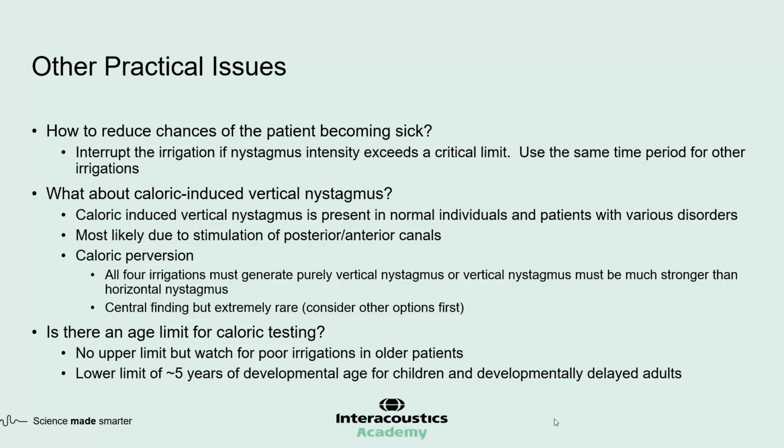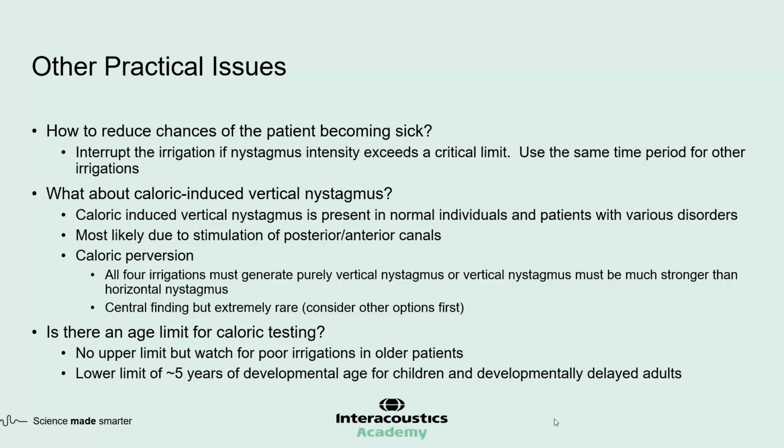In the old days, there was some discussion about the caloric perversion. Caloric perversion, by definition, all 4 irrigations must generate either purely vertical nystagmus or vertical nystagmus that's much stronger than the horizontal nystagmus. This I've never seen, and I have not really seen a convincing case in my own clinic or other clinics.